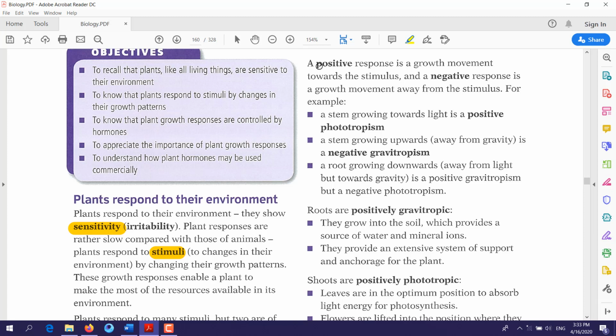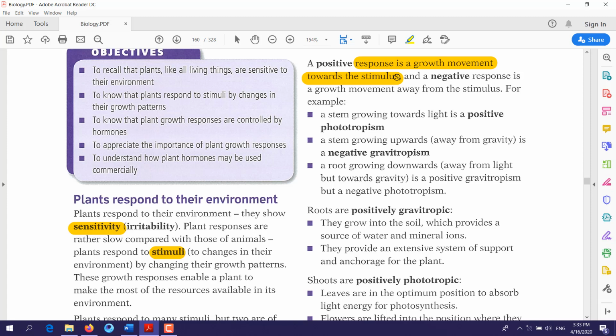A positive tropism is a growth or a growth movement toward the stimulus. It means when a part of a plant grows, and this growth is toward the stimulus, this kind of tropism we call positive tropism.